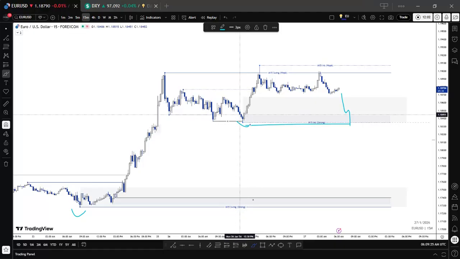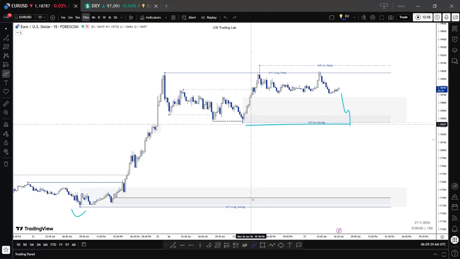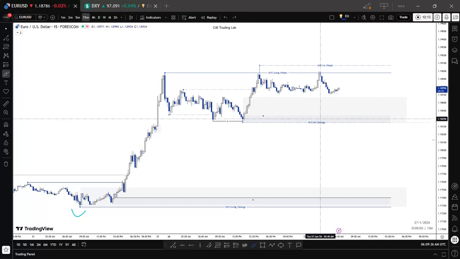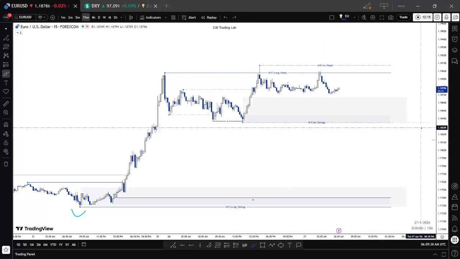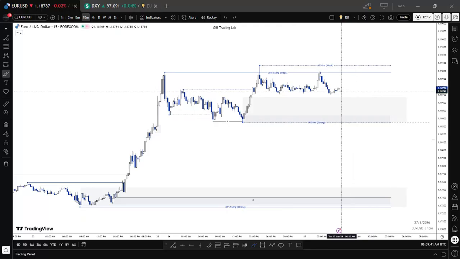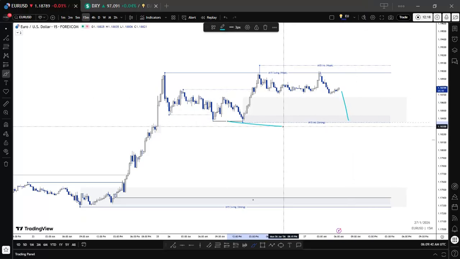And if price breaks and closes below this low, it will be an IBOS, and also a 4-hour fractal break of structure. This dashed line, which started from here, is the 4H fractal low. Meaning if price trades below this low, even if it just wicks, even if it trades 0.1 pips, then we'll have a 4-hour fractal break of structure confirming the swing pullback.